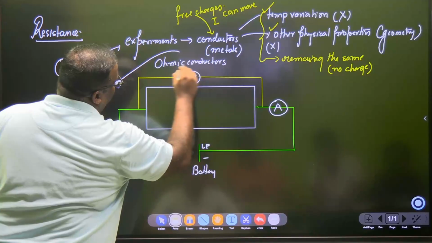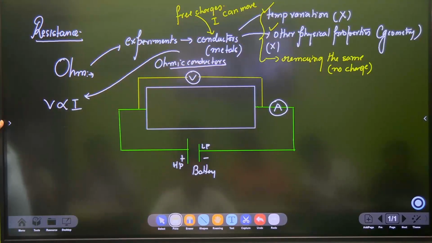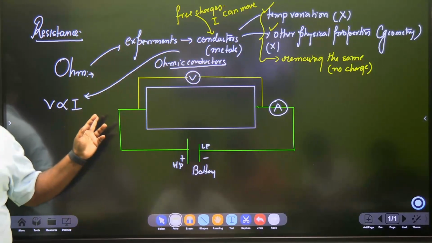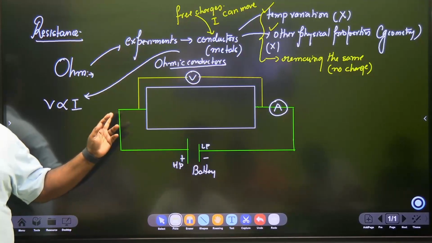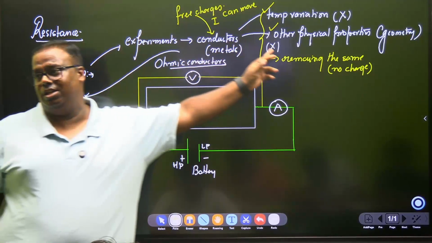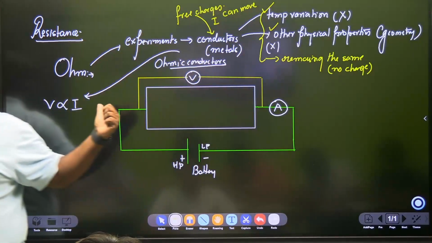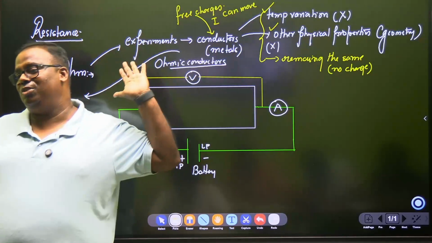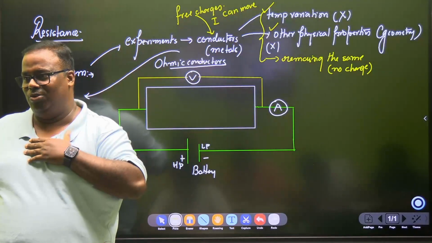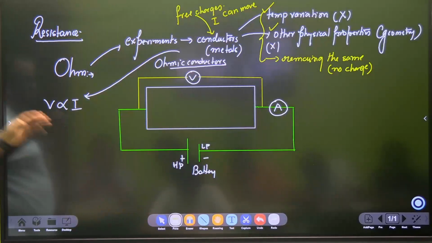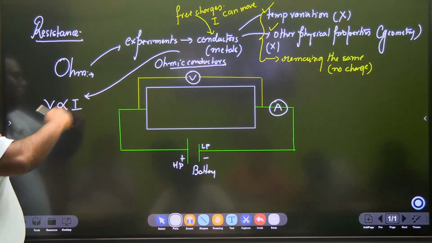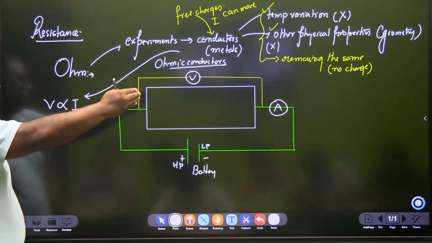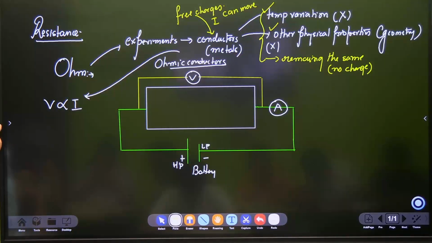Your grade 10 will say that for a conductor it's not true. Not every conductor will behave like this. There are only a certain class of conductors that behave like this under this condition. Those conductors are known as ohmic conductors because they follow a law given by Ohm, which is known as Ohm's law. Ohm found that the current flowing through a conductor is directly proportional to the voltage that you maintain.